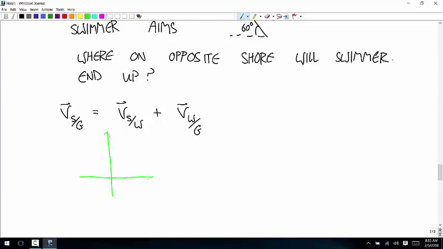So here's the coordinate system. And we want, right, yep. So the velocity of the swimmer relative to the water is 2 times cosine of 120, 2 times sine of 120.